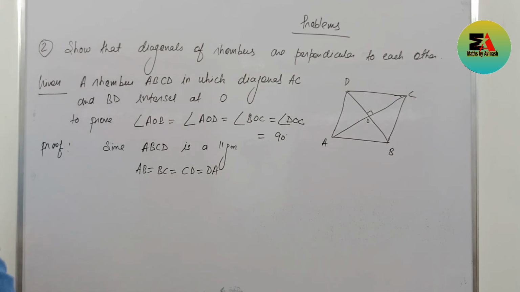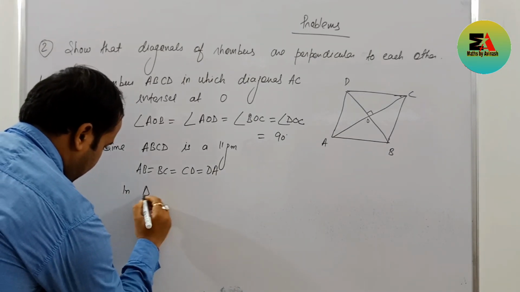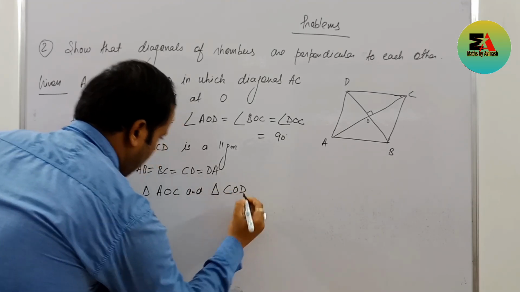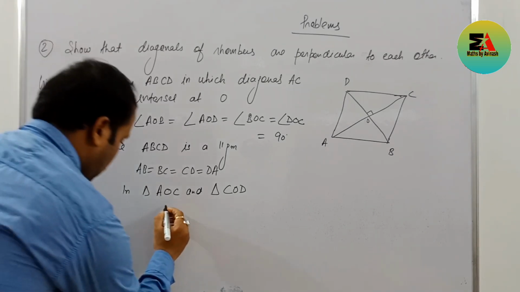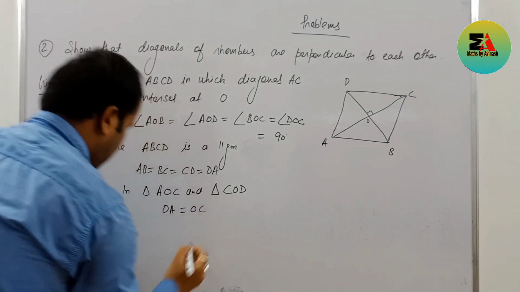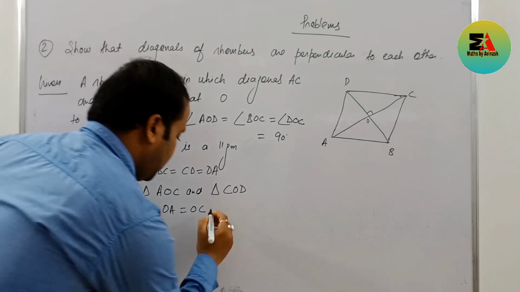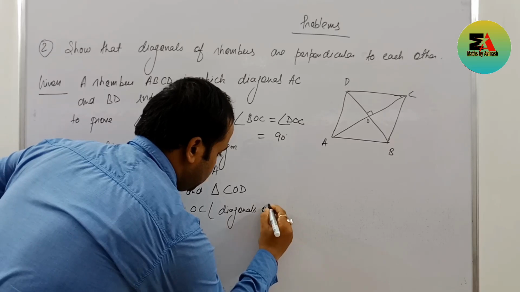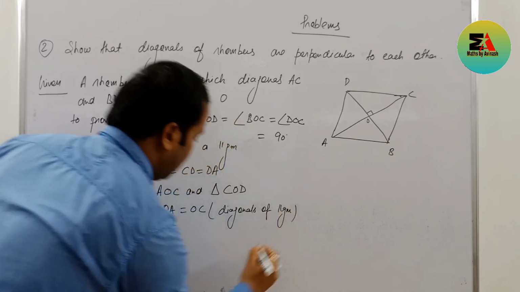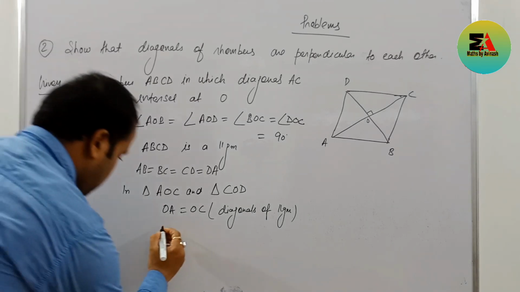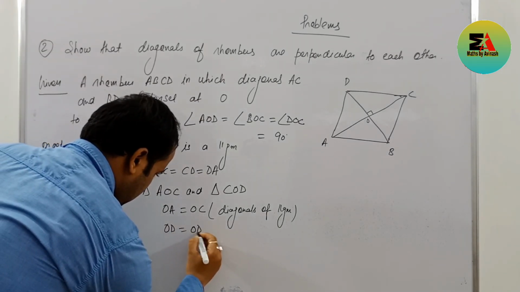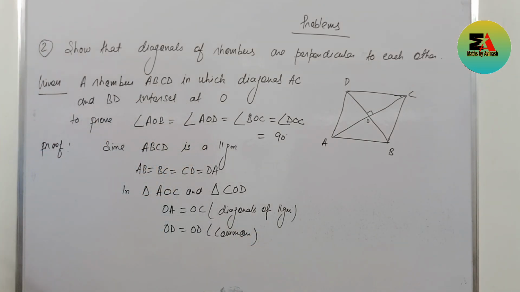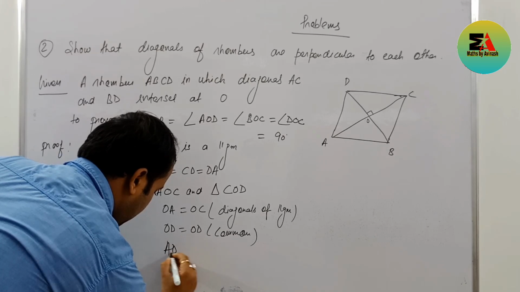You have to write, in triangle AOC and triangle COD, OA equals OC. We know that diagonals of a parallelogram intersect each other and are equal to each other. And OD equals OD, this is common. And AD equals CD.